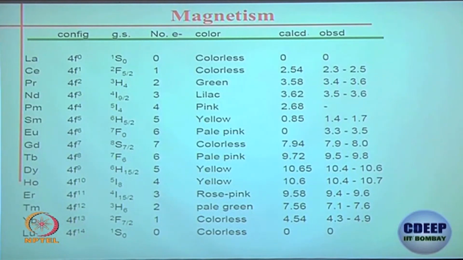You don't really have to worry about this bottom term. You can just calculate the 1S, 2F, 3H and so on for class purposes. But as you know, this is very simple, 2S plus 1 L J. This J you don't really have to worry about, J equals L plus S or L minus S, but still I would say you should do it.